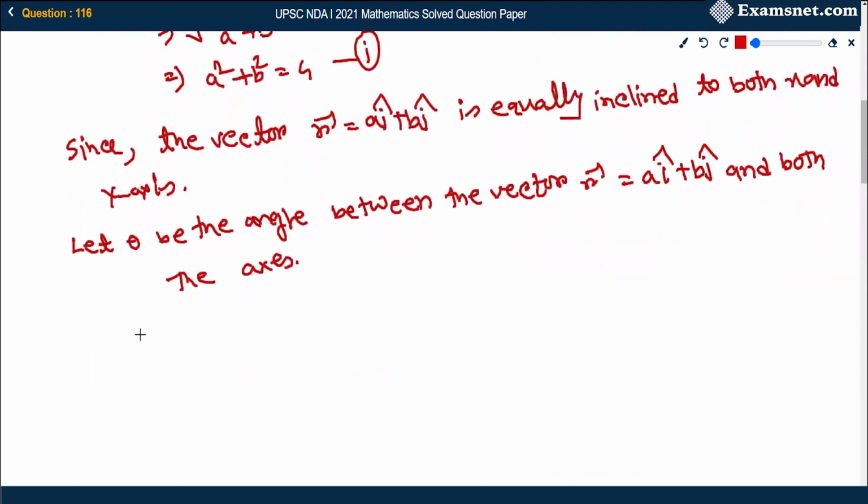So cos theta equals a by 2, because root under a square plus b square equals 2, and also that is b by 2. Therefore, we can write a equals b.